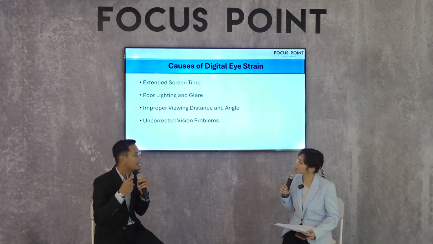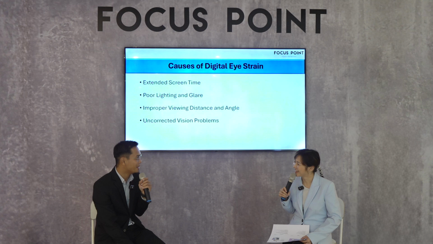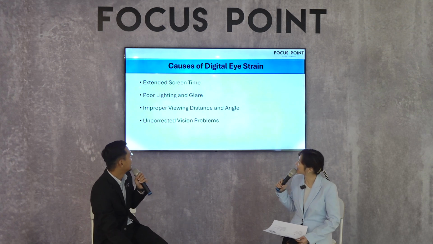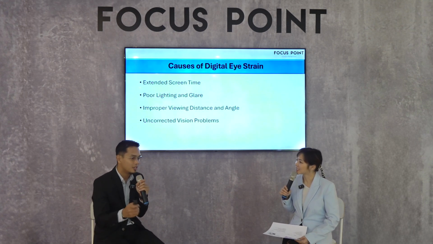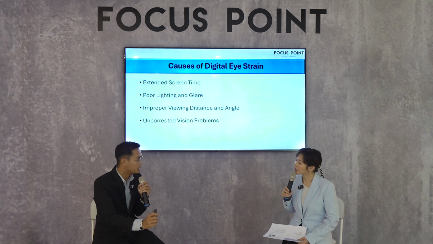We don't carry a measuring tape all the time, so you just use your elbow to measure the distance. And the angle as well. If you have a desktop screen, make sure it is angled properly, not tilted up or down too much. I will cover that in ergonomics later.